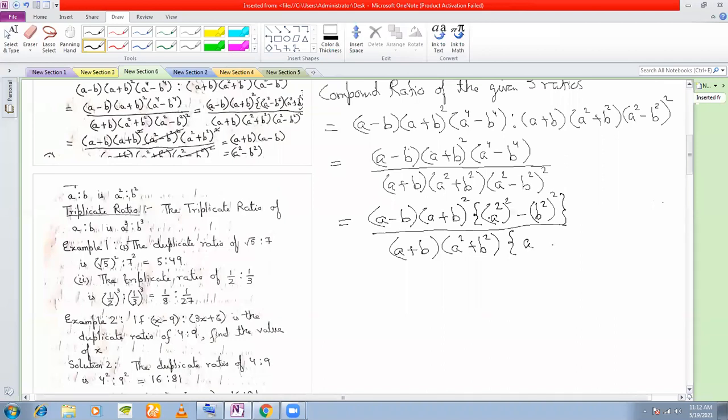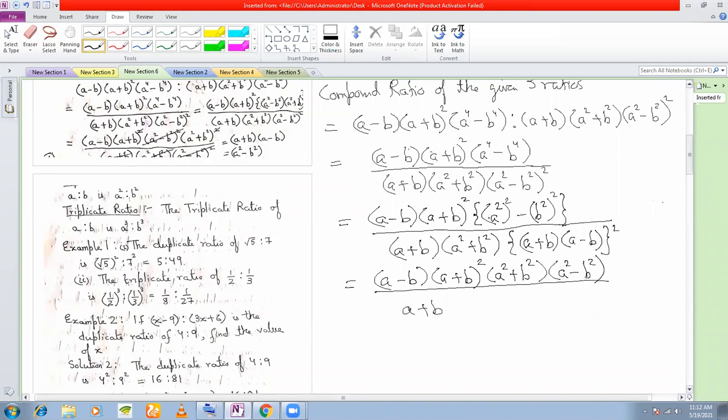This A square minus B square you can write as A plus B into A minus B. Now in the next step you have A minus B into A plus B whole square, into A square plus B square into A square minus B square, divided by A plus B into A square plus B square, and here this is A plus B whole square into A minus B whole square.